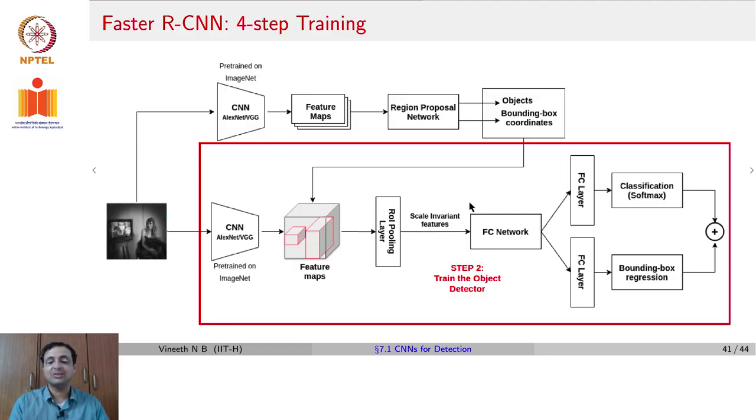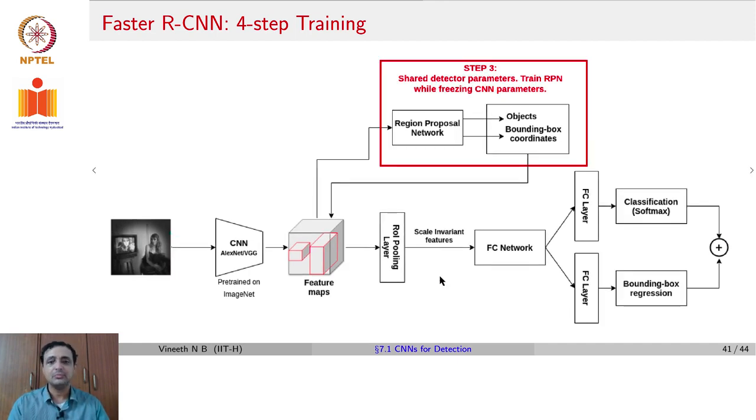The rest of it stays very similar to fast RCNN, and you train all these weights using your classification loss and bounding box regression loss, where now the classification loss tries to categorize a region into any of say 20 objects, or however many objects you have in a given problem setting. So this is the second step, which is very similar to what is done in fast RCNN.